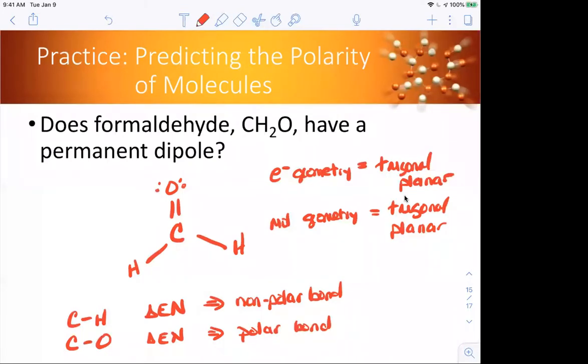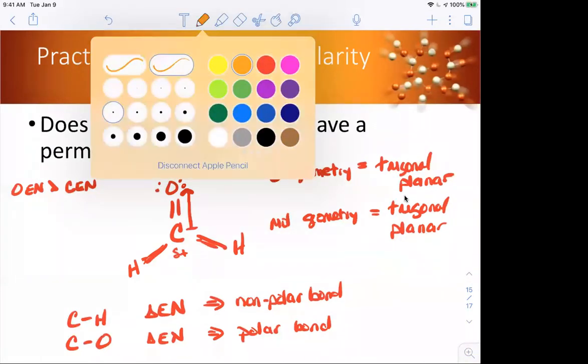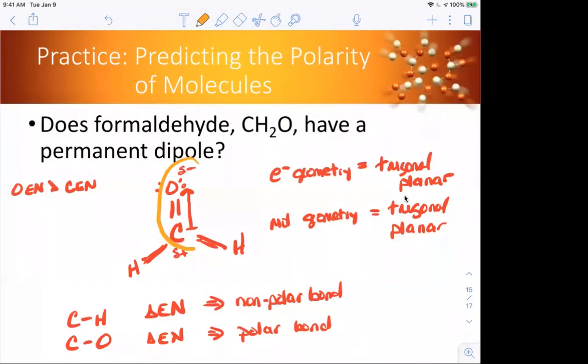So basically, I have a polar bond, right? This is going to point up this way. Oxygen electronegativity is greater than carbon electronegativity. So this part is going to be partial negative. This is going to be partial positive. Whereas this is kind of going to just be there. So what I have in this case is this net dipole.